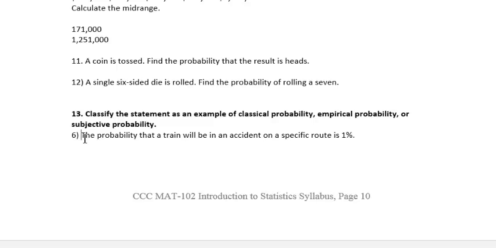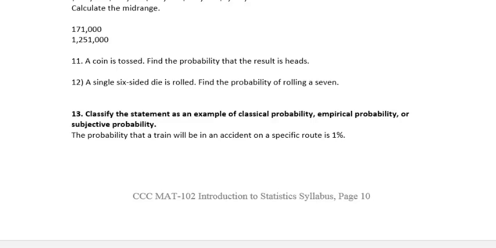Let's look at number 13 over here. Number 13 says, classify the statement as an example of a classical probability, empirical probability, or subjective probability. So obviously, first thing we got to do is define those things. Well, classical means probability when all the events are equally likely. Probability of flipping a coin and getting 3 straight heads, something like that.